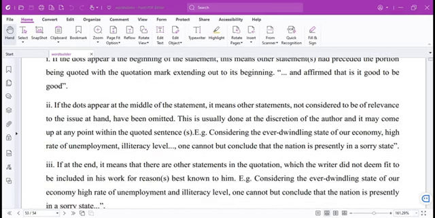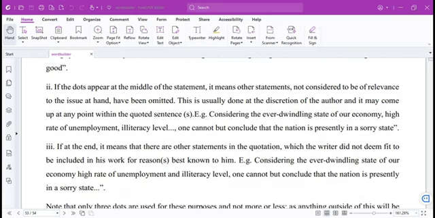The next one is, if the dots appear at the middle of the statement, it means other statements not considered to be of relevance to the issue at hand have been omitted. The omission came in the middle of the statement, within the statement. That is why you have the dot, dot, dot at the middle of the statement. This is usually done at the discretion of the author, and it may come up at any point within the quoted sentence or sentences.